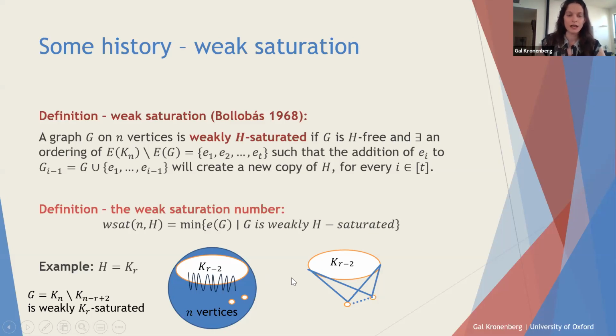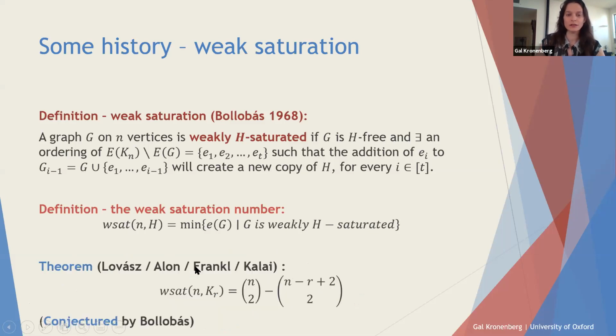So this graph is weakly K_r saturated, and actually the ordering here didn't really matter. It was a conjecture by Bollobás that this is the best option, so that the weak saturation number of K_r should match the number of edges here. This was proved independently in several really nice papers by Lovász, Frankl, and Kalai.